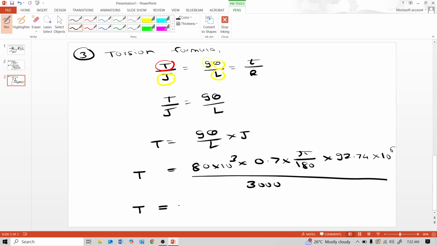T is equal to 80 into 10 raised to 3 multiplied by 0.7 multiplied by pi multiplied by 92.74 into 10 raised to 6 divided by 3000 into 180.